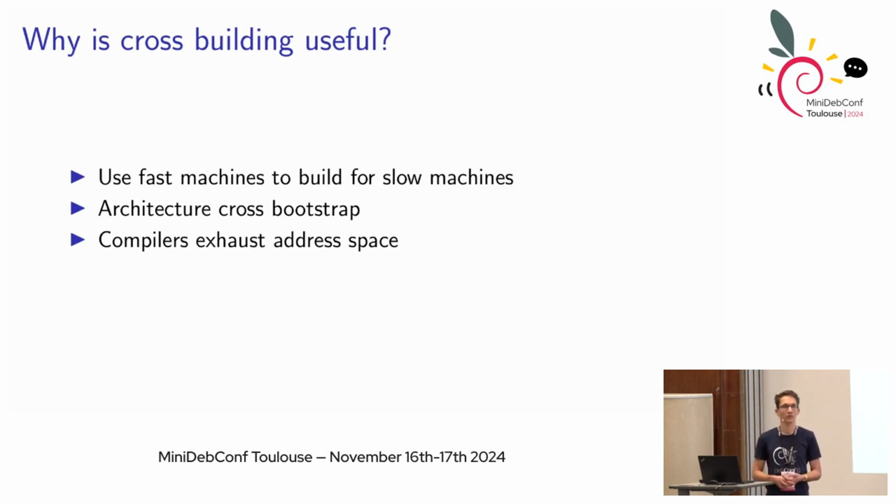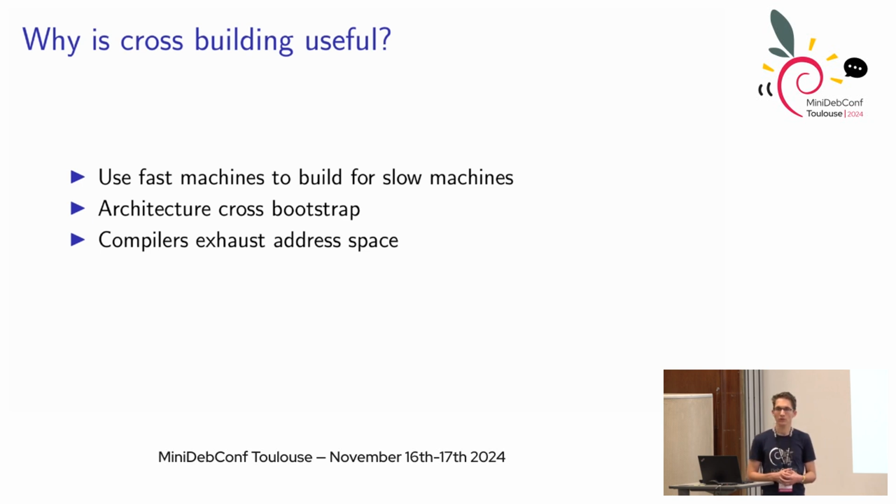The most common use case is you have a fast machine and you build something for a slow one. The other common use case is architecture cross-bootstrap, which is when you want to get the initial set of packages for a new Debian architecture. It sounds like this is rarely done, but on average we are doing it about once a year. So it's rather more frequent now.